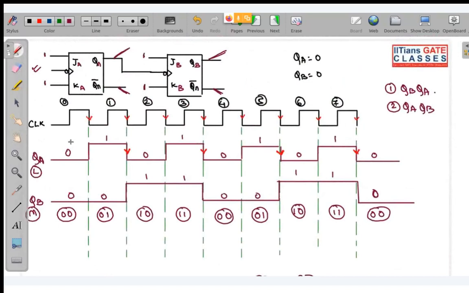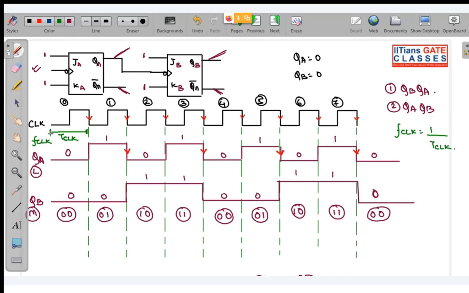Suppose the time period of this clock is TCLK and the corresponding frequency is FCLK. So we know FCLK is equal to 1 by TCLK, and this is in Hertz.